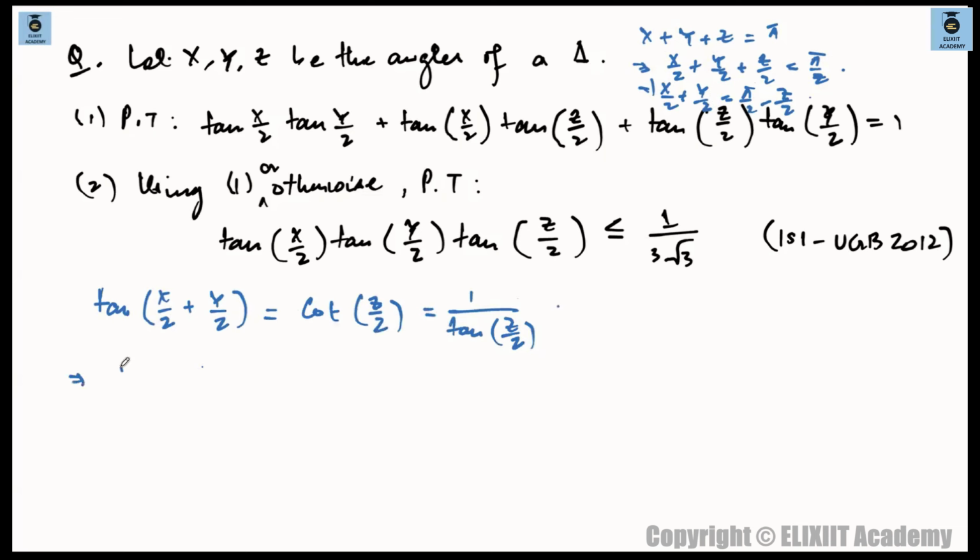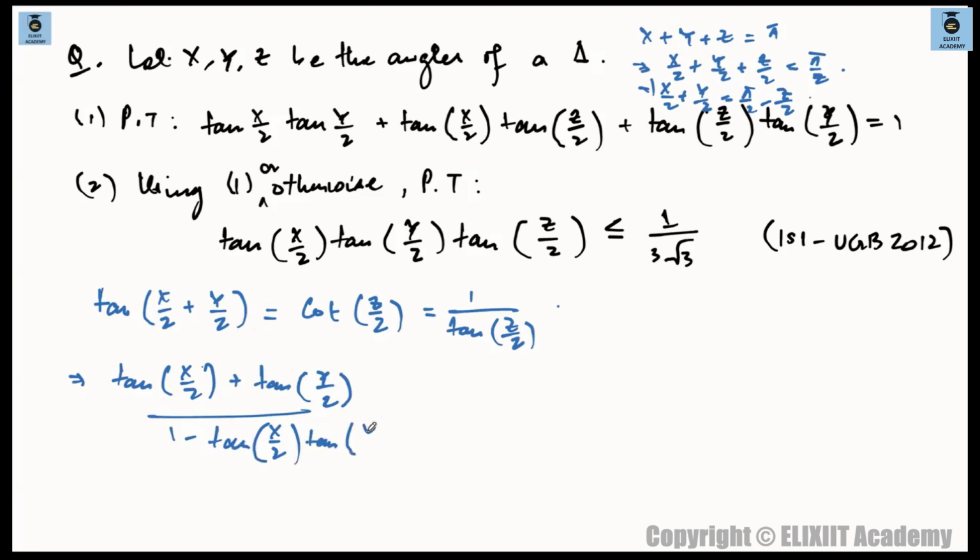So tan of x by 2 plus tan of y by 2, divided by 1 minus tan x by 2 into tan y by 2. Right hand side is 1 by tan of z by 2, cross multiply.